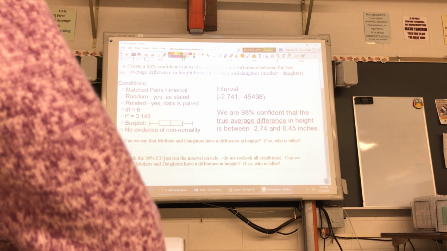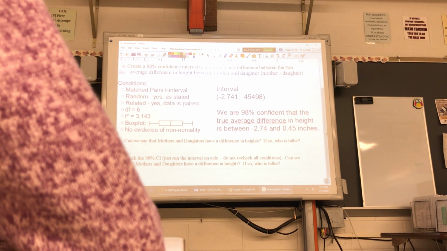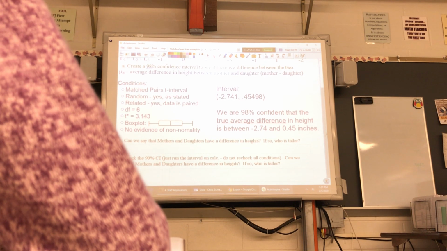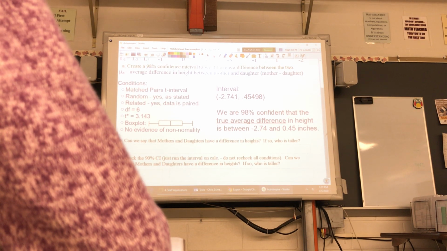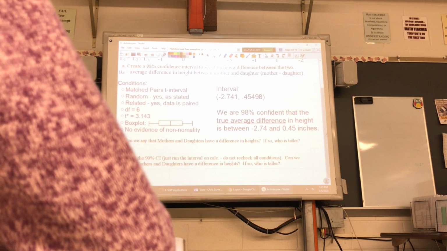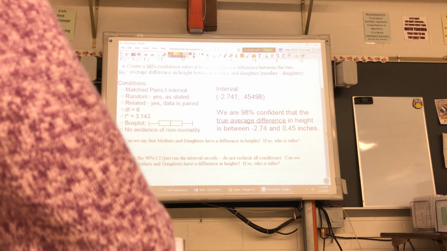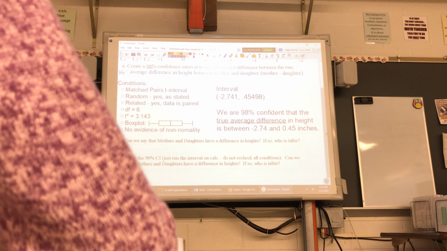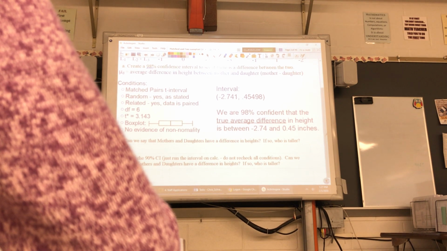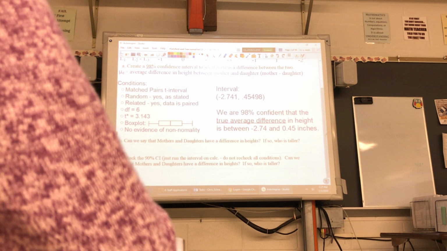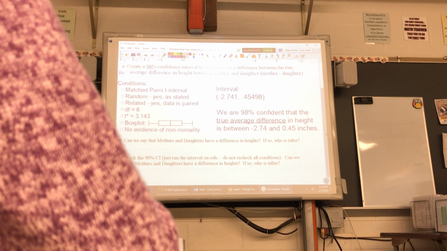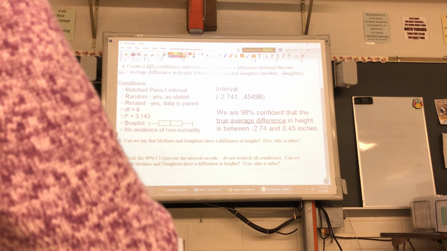Think about B. Anyone tell me what they said and why? Quick show of hands. How many said, yes, we can tell that there's a difference in the heights?